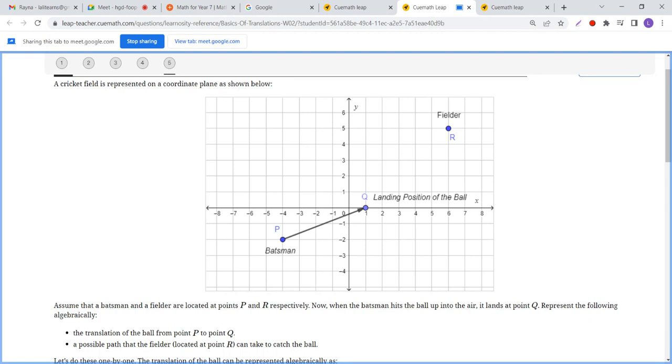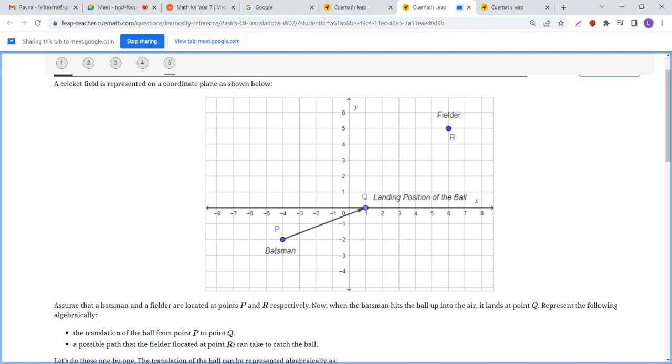The possible path that the fielder located at point R can take to catch the ball. R is marked over there. He needs to reach Q. 5 left and 4 down.